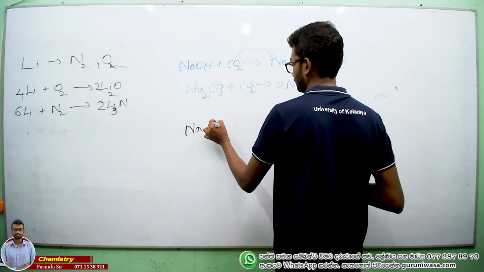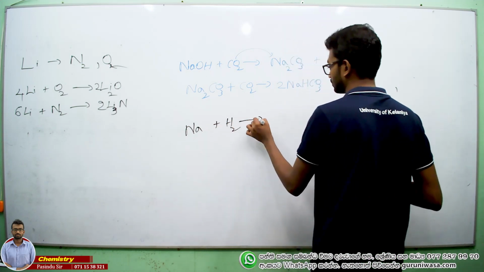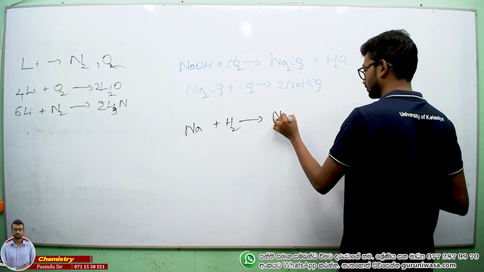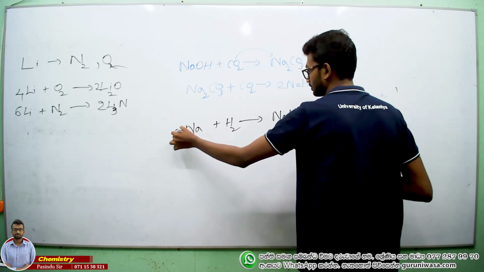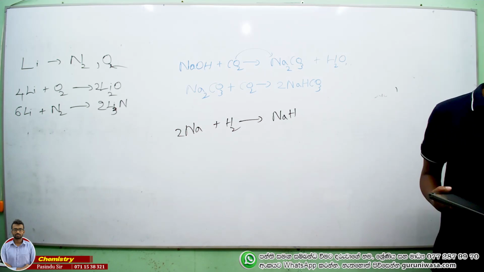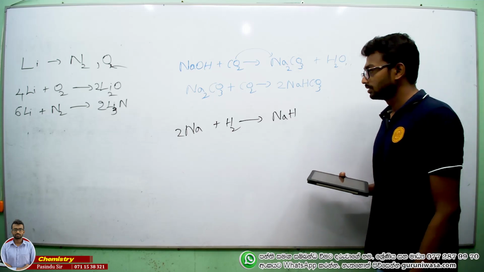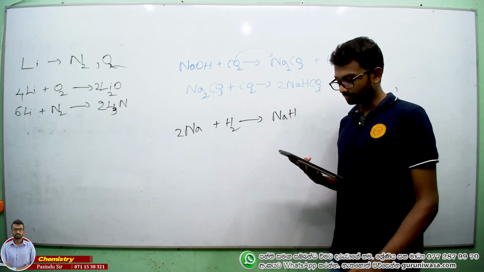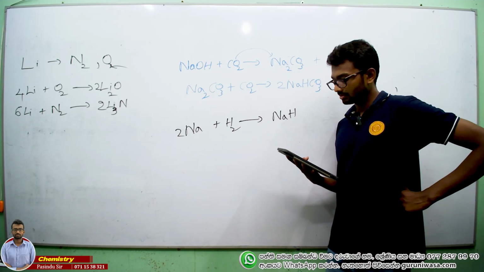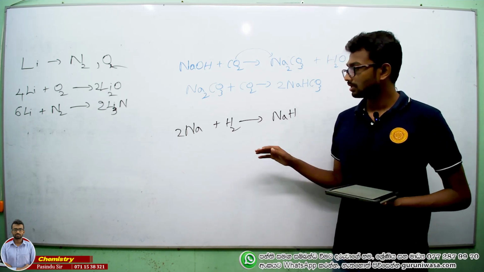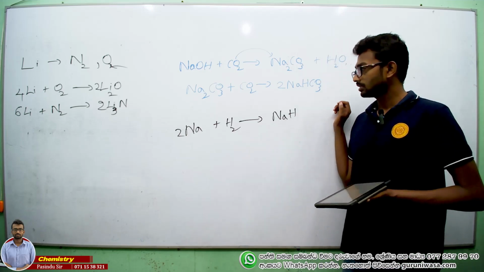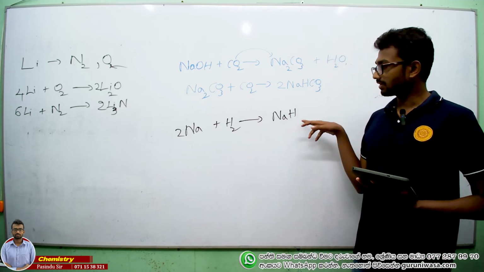Sodium plus H2 forms sodium hydride, right? Write the equation and then write down: here, what is the oxidation number of hydrogen?